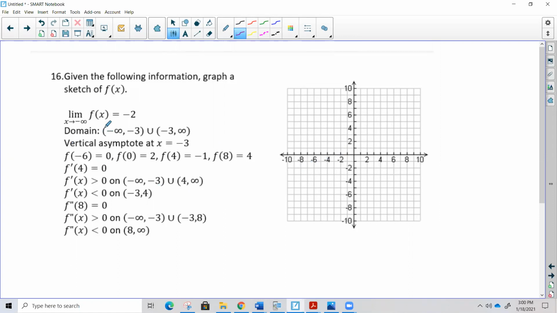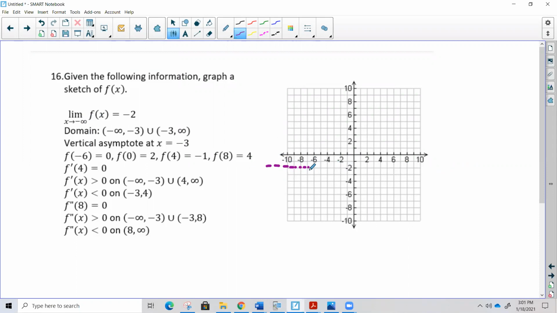Okay, so they said the limit as x approaches negative infinity equals -2. So what that means is as my x values go to negative infinity, so as I come to the left of my graph, the y value is going to get closer and closer to -2. So what I do for this is I usually draw a dotted line at -2, not all the way across, just on the left side of my graph, because it's only when x goes to negative infinity.